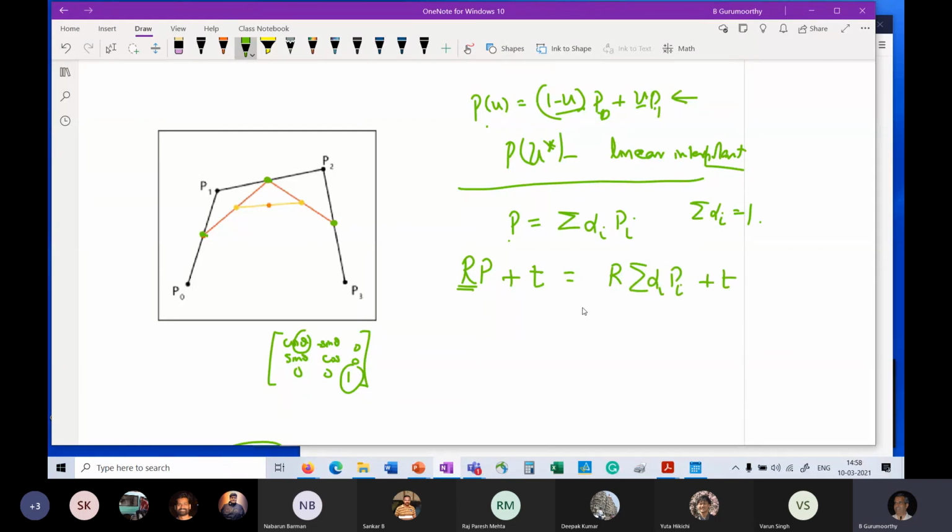Okay. Now I do this, and in the next step, the significance of the weights adding up to 1 should become clear to you.